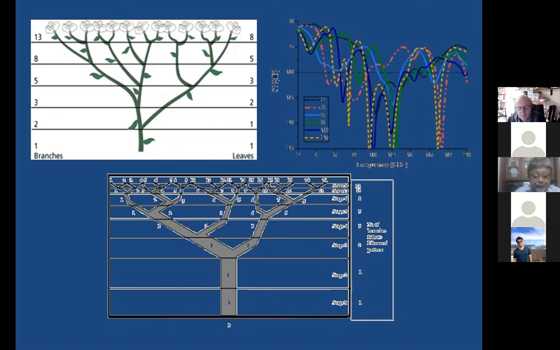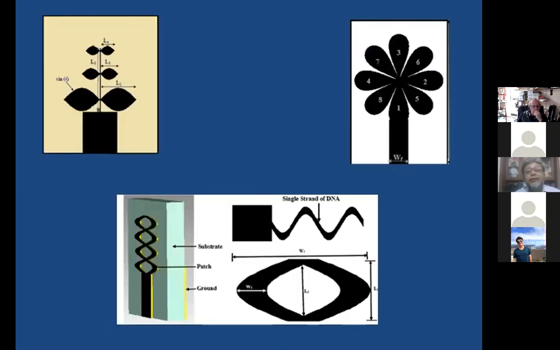So this is our branch structure, the 21 branch synchronization structure, the Fibonacci structure, you can see it there. All these papers have been published in the journal Optik. So this is the plant one, this is the petal, the DNA structure.